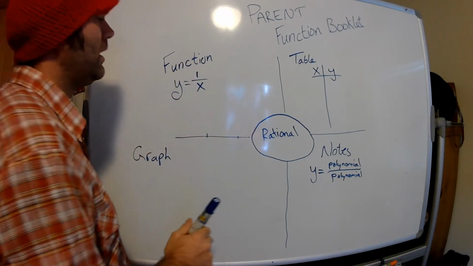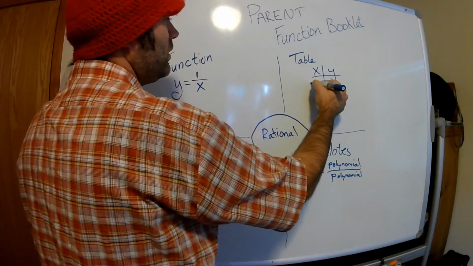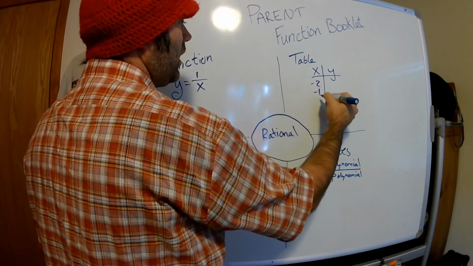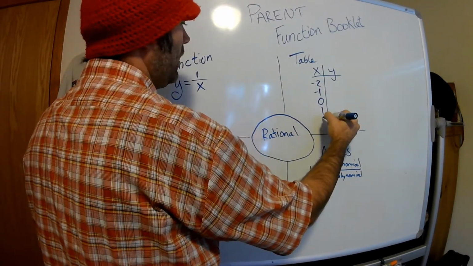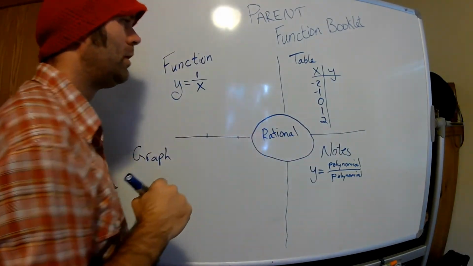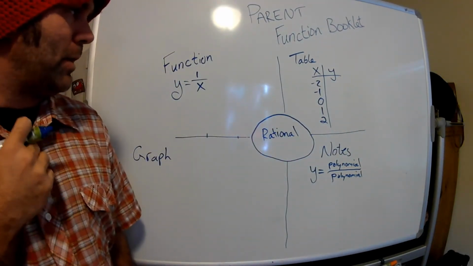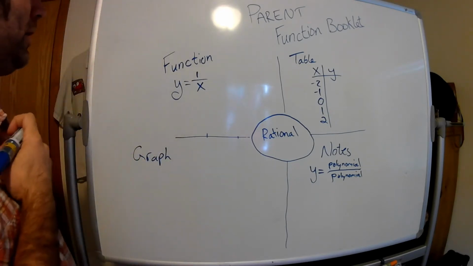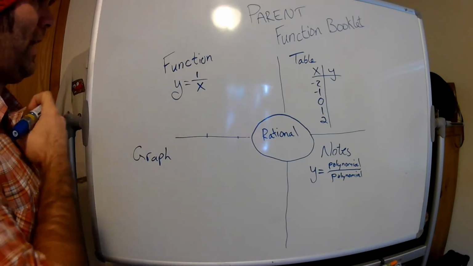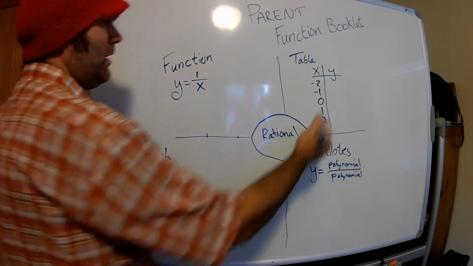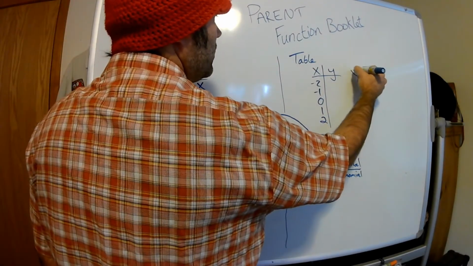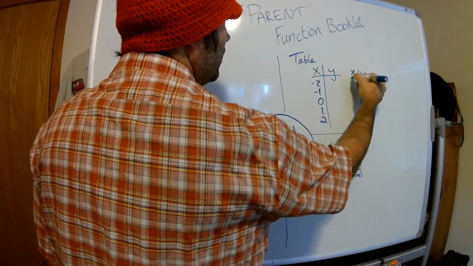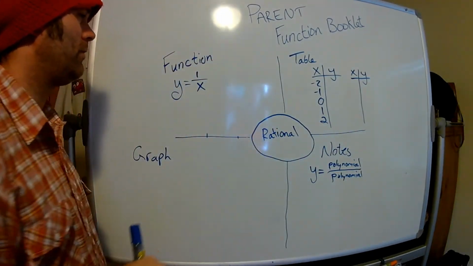So we're going to go ahead and plug some numbers in. So we get negative 2, negative 1, 0, 1, and 2. Unfortunately, we may not be able to plot all of these points, but we're going to plot the ones we can. And we may have to add some more points in, which I didn't make this very long, so we may need to do an additional t-chart and add some more points if we don't have enough going on here.